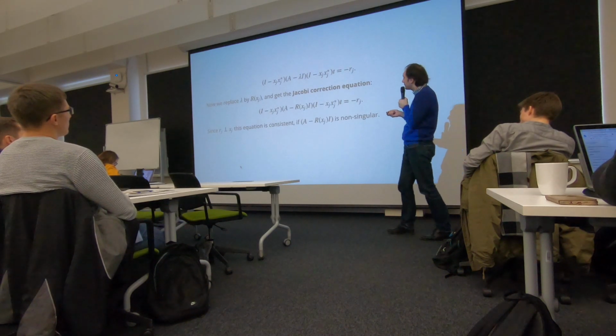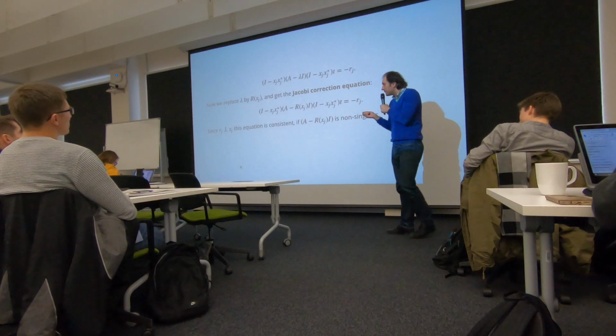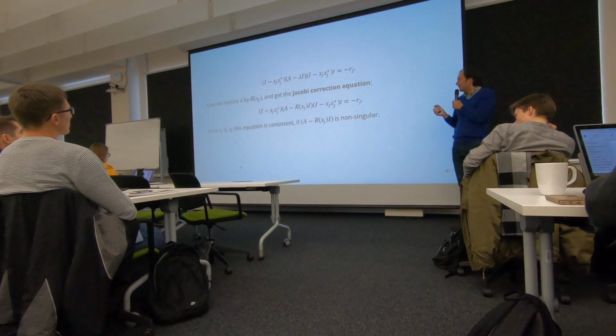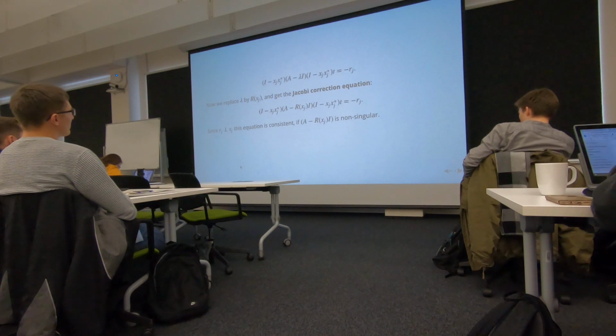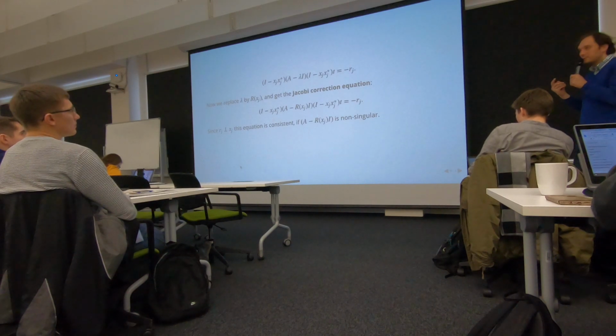Lambda is some approximation to the eigenvalue. If you replace lambda by the Rayleigh quotient, this is exactly the Jacobi correction equation.